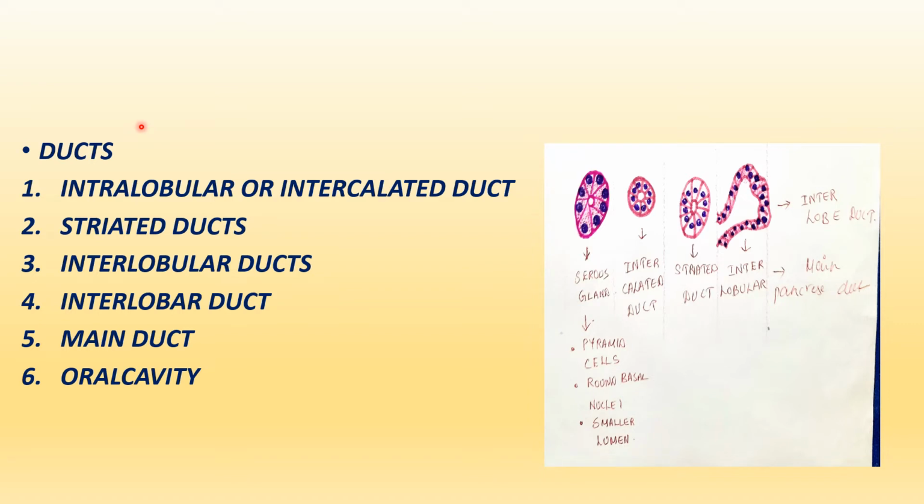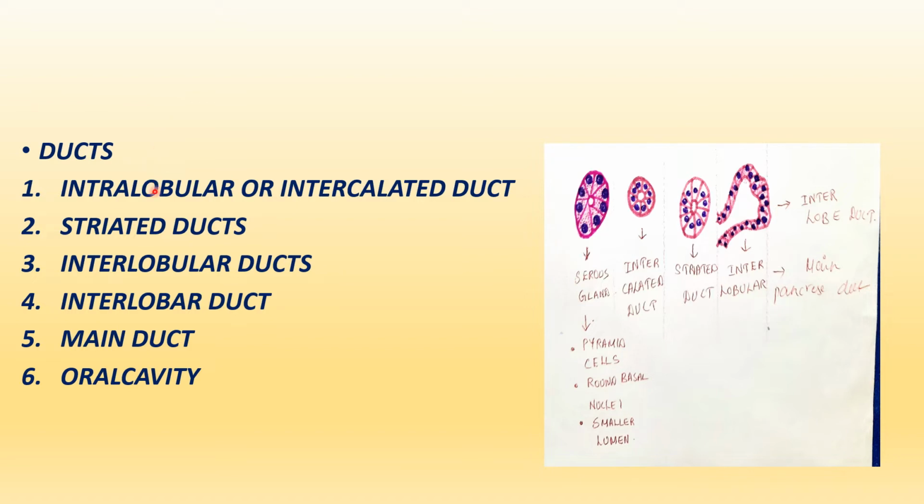The capsule is present outside. From the capsule, the septa extend into the gland, which divides it into lobes and lobules. The acini are of three types: serous acini, mucous acini and mixed acini. And the third structure is the duct.